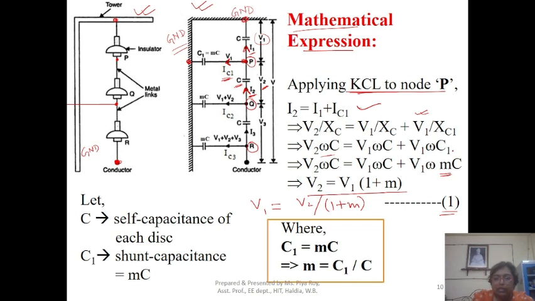Actually we are replacing capital C1, that is nothing but your shunt capacitance, by this MC. So C1 equal to MC, so obviously M is nothing but C1 by C. So M can be controlled by adjusting this capacitance value. Okay, so obviously M is an adjustable parameter and it's a constant for a particular system or particular design. The next slide.